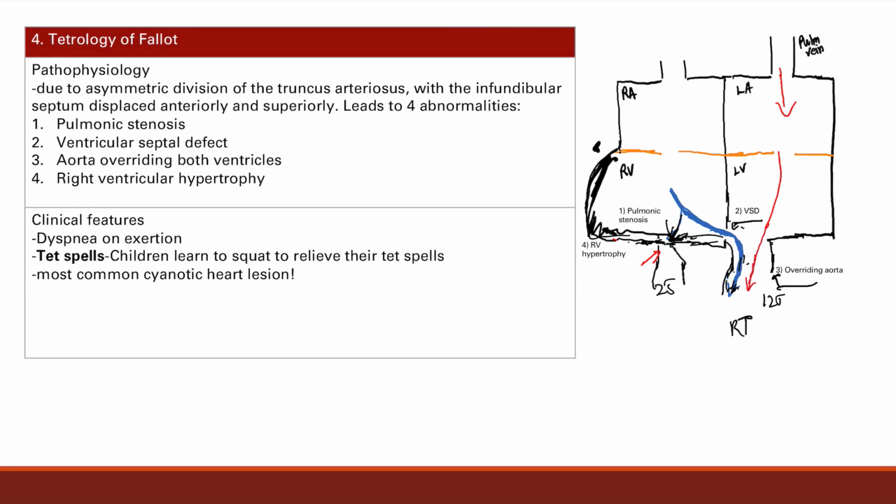That's going to decrease the impetus for the blood in the right ventricle to go through that ventricular septal defect, and more blood is going to go through this pulmonic valve. So you're going to get better oxygenation of blood and less dilution of the blood in the aorta with deoxygenated blood. This is our most common cyanotic heart lesion.